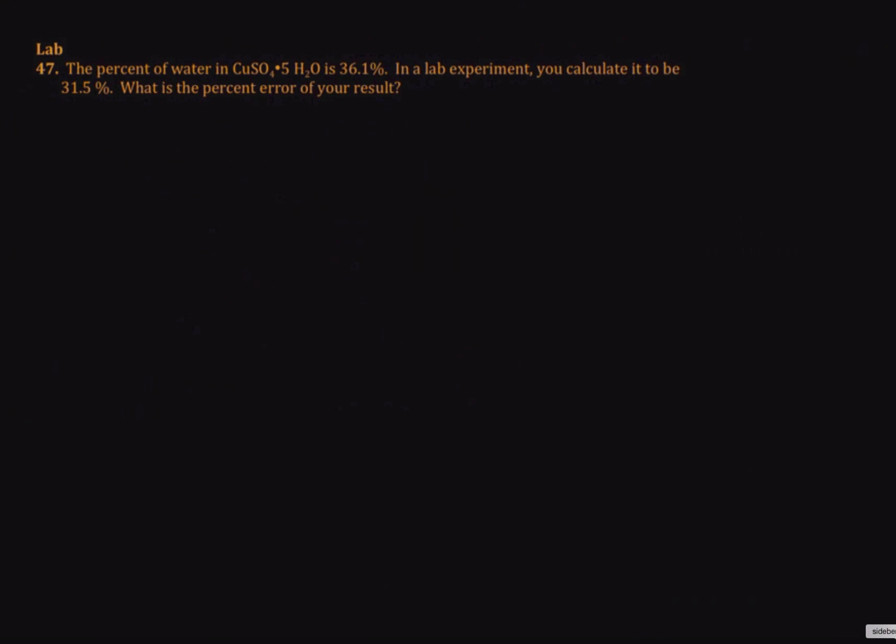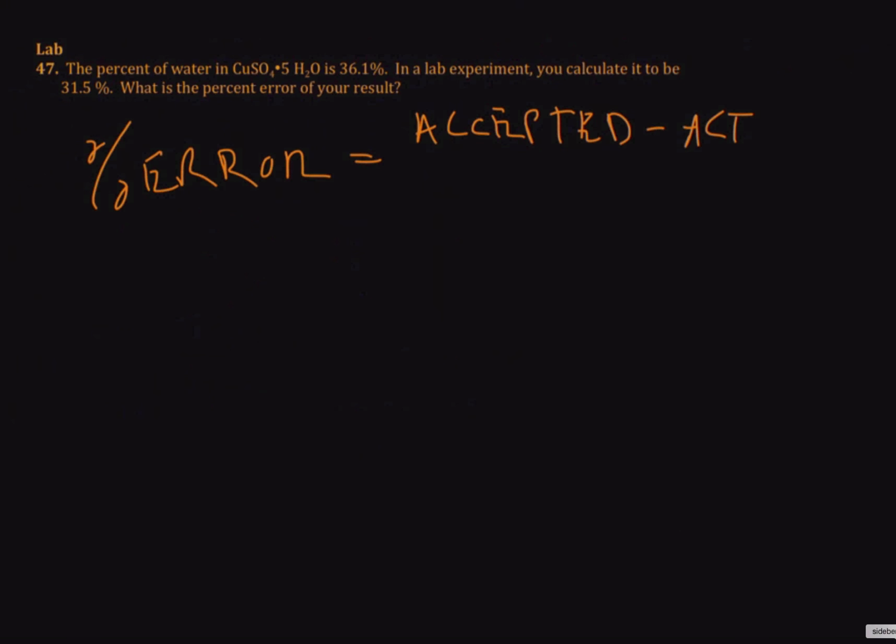Okay, and the last one is a percent error calculation. Percent error is take the accepted or correct value, and then you subtract your value, your experimental or what you actually get in the lab.